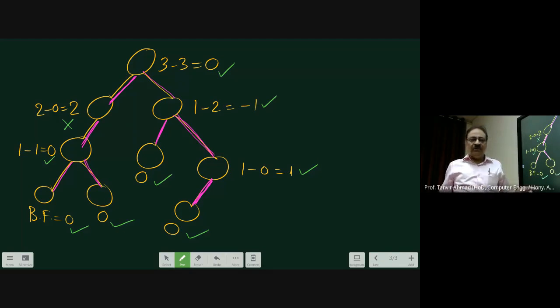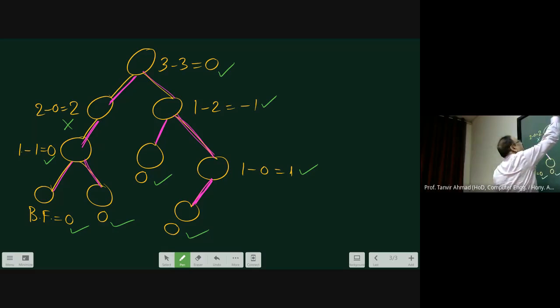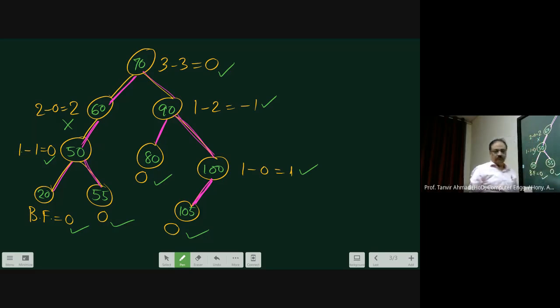You put the numbers, the nodes, over there, and if it is a binary search tree, it will be called a binary search tree. Now, in that case, suppose I take 70 over here, say 60, 50, say 20, say 55.